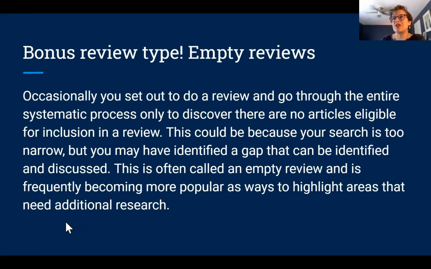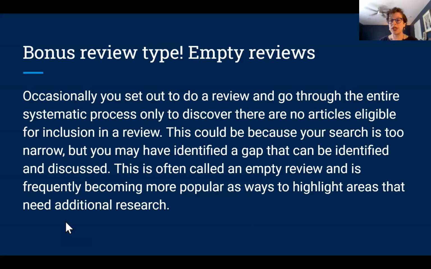And this wasn't on the slide, but this is a bonus review type. This is something I've just learned about, and I'm actually collaborating on one right now. It's called an empty review. Occasionally when you start your project, you come up with the whole protocol, the whole plan to do a systematic review, a scoping review, some kind of review. And then once you actually go in and do all the research, as long as your search wasn't too narrow, you have to make sure that your search was appropriate.